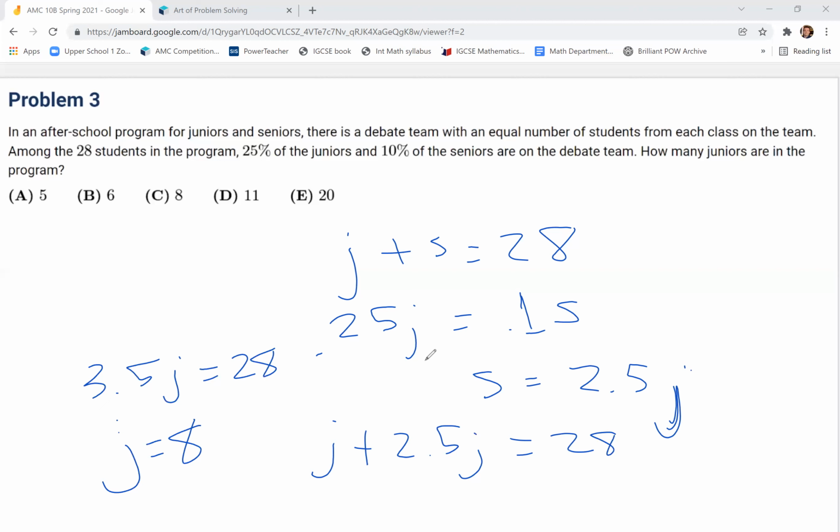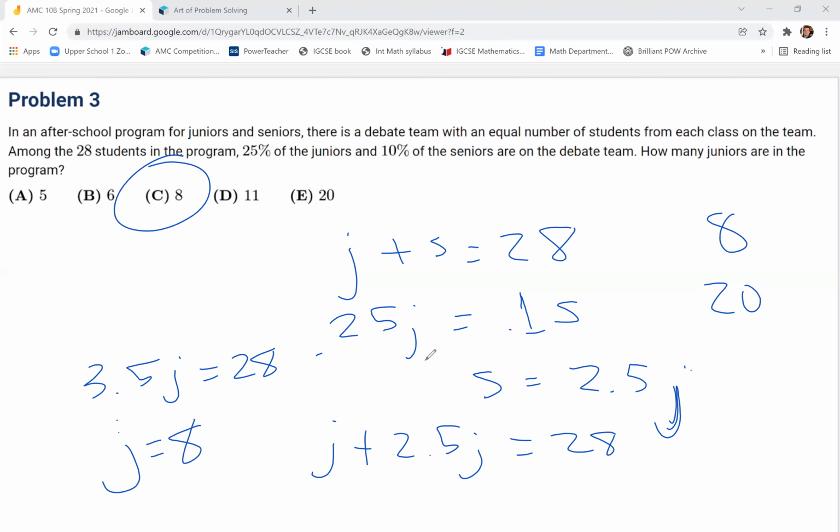So we have 8 juniors total, which means we have 20 seniors total. Okay. So there's 2 juniors and 2 seniors on the debate team, but it's asking how many juniors are in the program. So that's just the total number of juniors, which is 8.